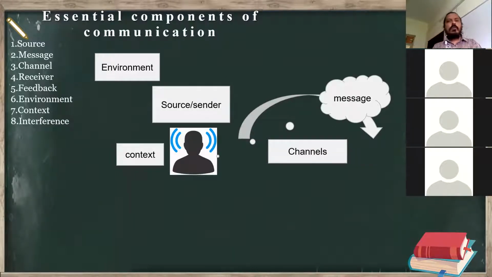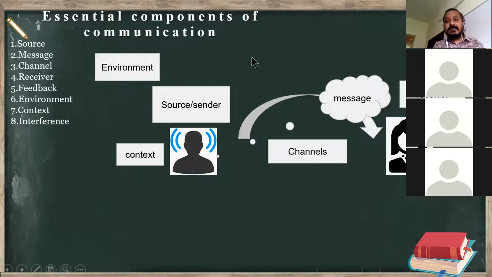So based on my choice of channel and urgency, I will formulate a message. I will think, what am I going to talk to Meet? So I will form a message. Once the message is designed in my mind, the content of the message, then I'll deliver it to Meet, and Meet will receive that message.